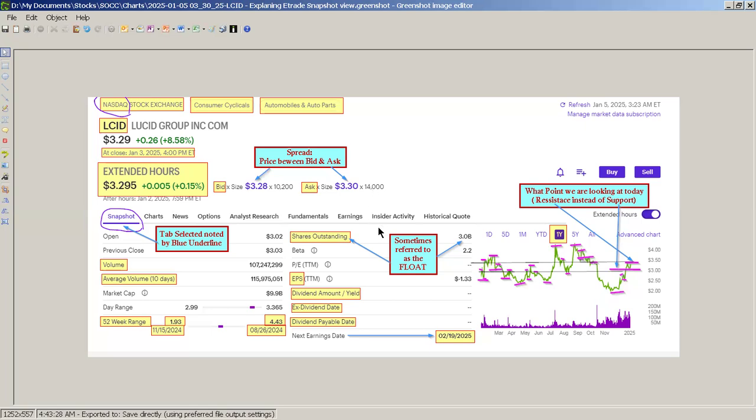All right, so we're down here at shares outstanding. So that's what that float means, and we're going to jump to market cap. I didn't highlight market cap, but market cap is basically just the multiplication of that number times the price. So if you multiply 3 billion times that, that'll give you the market cap.